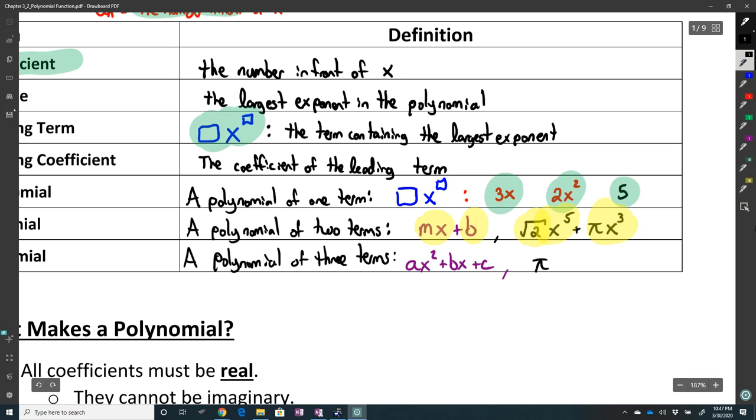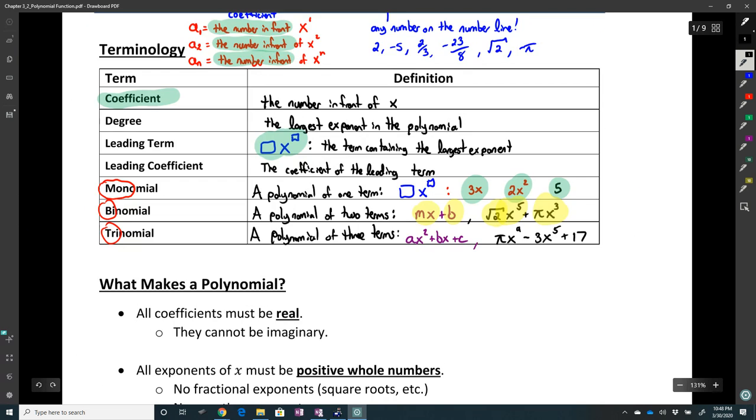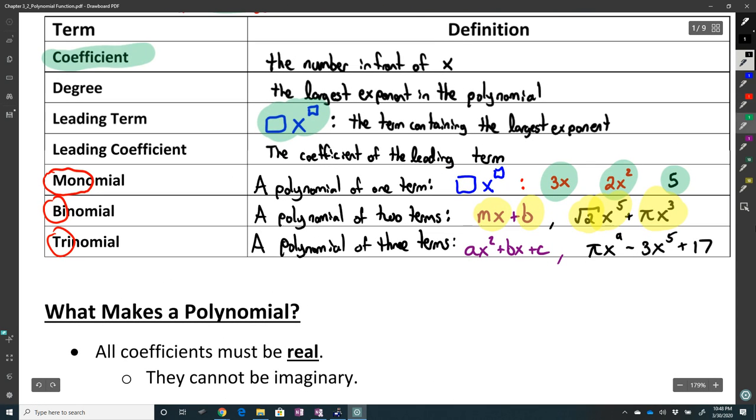I can put pi x to the 9th minus 3x to the 5th plus 17, because why not? As long as there's three terms, we call it a trinomial. All right? Now, one thing I want you to know about all these is that all of these guys are all polynomials.